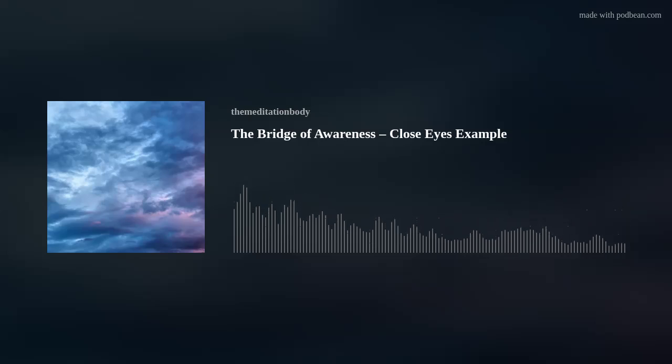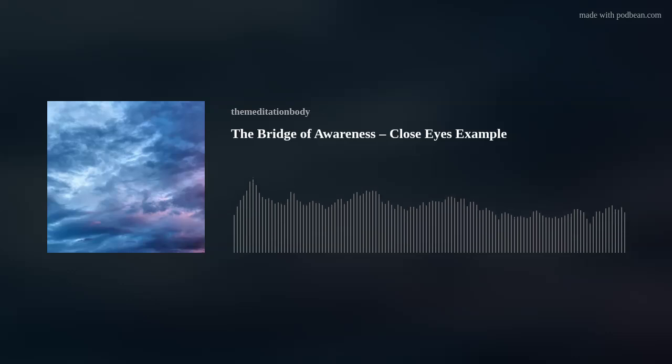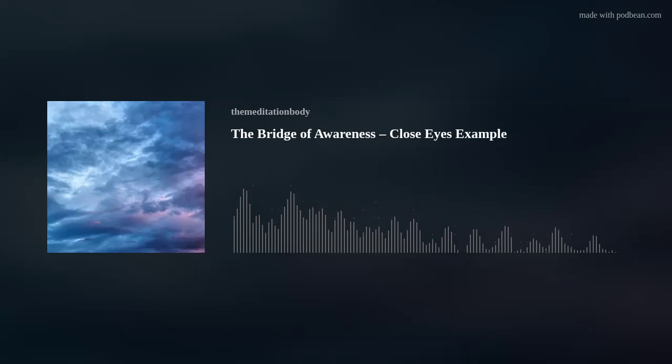This shift in perspective, moving from identification with the content to simple awareness of the process, is the heart of right view and the key to non-clinging, effortless mindfulness.